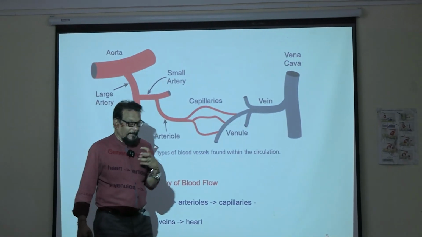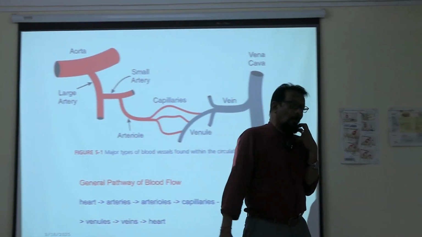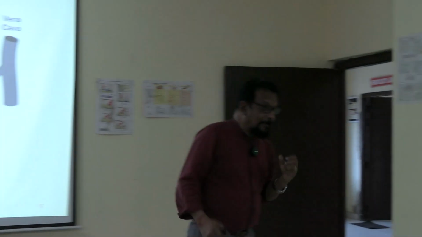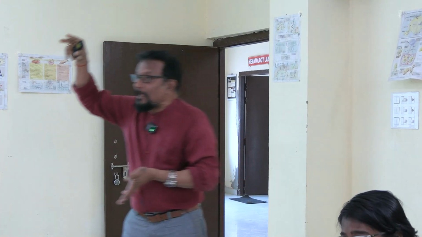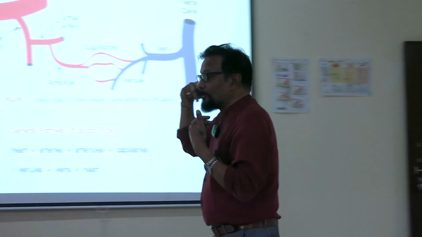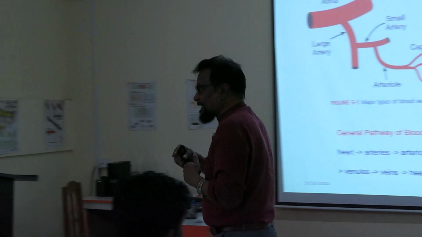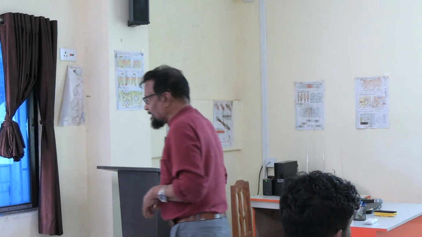Now again, they will be producing smaller arteries. If you sum all the small arteries, what will be the total? More than the earlier one, and so gradually the total cross-sectional area is increased.